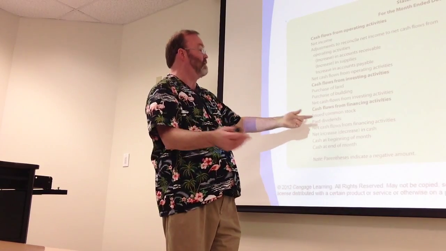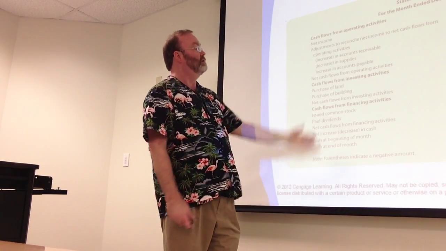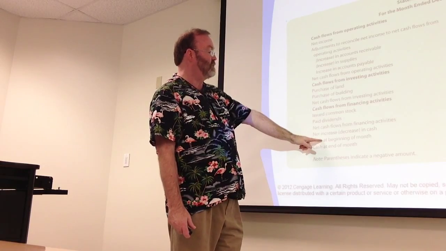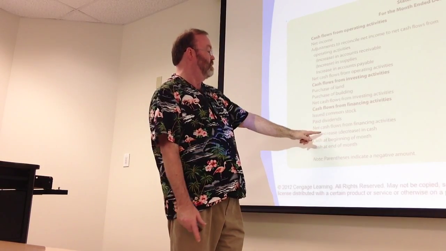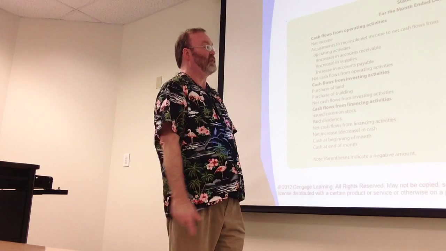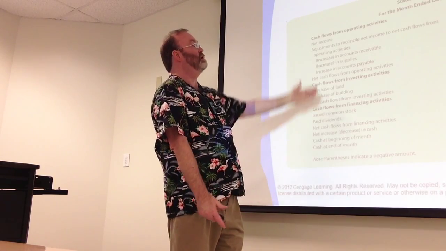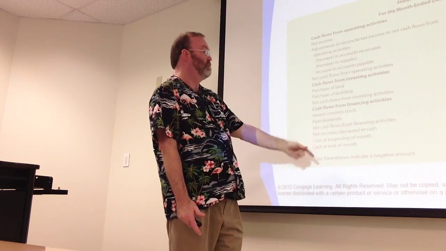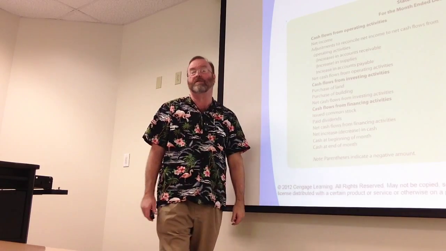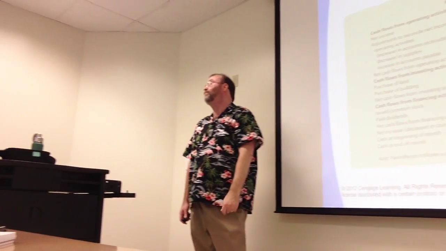If you paid back some money, that would be in here. Started the cash at the beginning of the month with zero. You generated $61,200 during the month of December, and that's what you had at the end of the month, $61,200. But we'll focus on this statement much, much later.